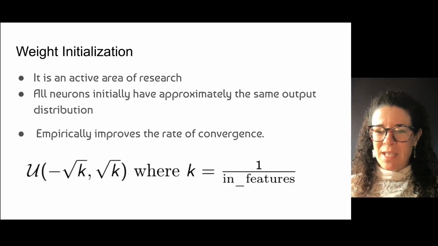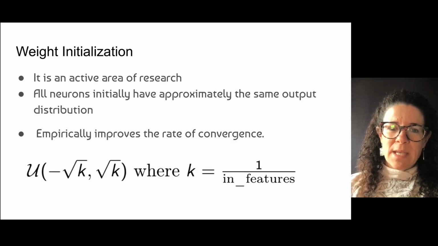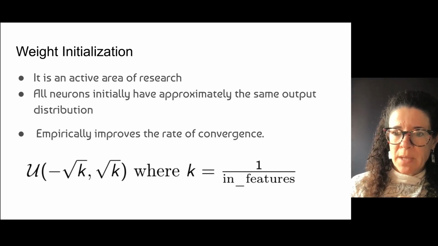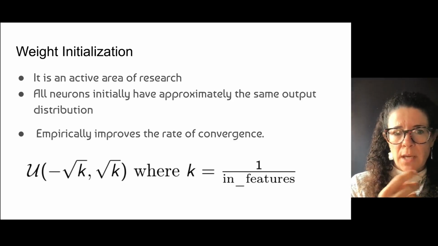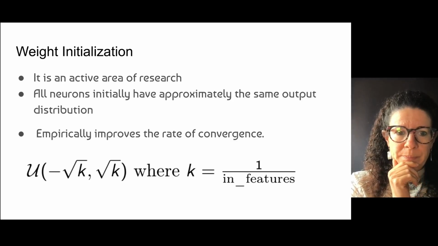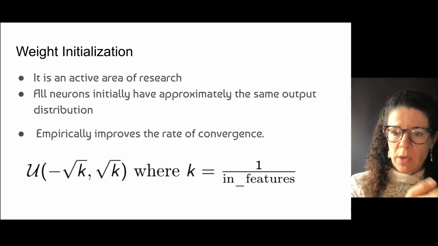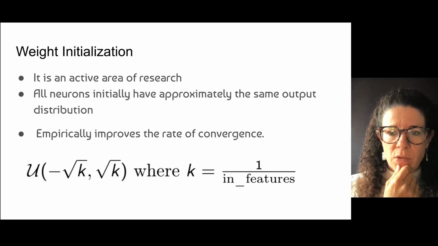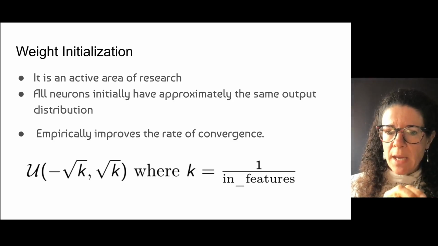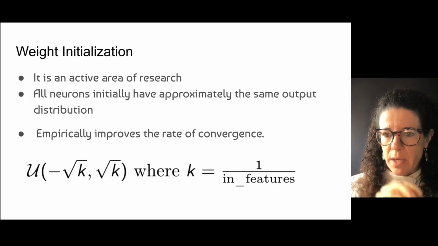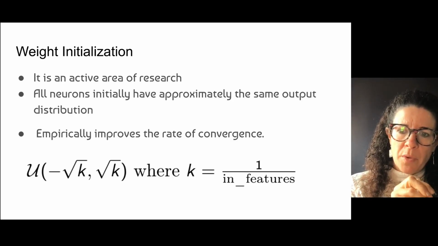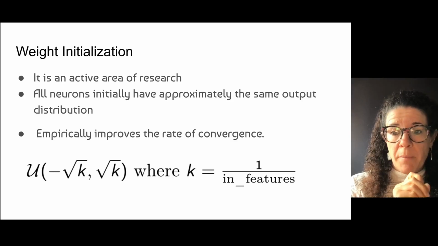So another one of those tricks is weight initialization. So basically, if we just initialize the weights with any random number, it doesn't really work very well. This is an area of research, people have papers about this, but for example, one of the heuristics that people use, and probably the one that PyTorch is using right now, is this: if I have a linear layer, and k is 1 divided by the number of input features, I am going to initialize the weights with numbers that are uniform between minus square root of k and square root of k.